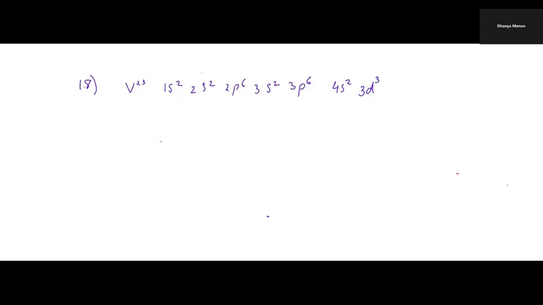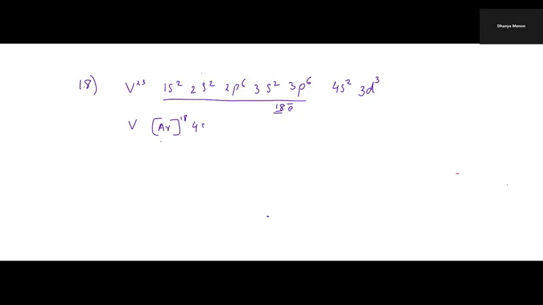Now, students, in most of the books, in all the books, they denote these numbers that constitute 18 electrons, and 18 is the atomic number of argon. So we write the vanadium configuration like this: argon, that means 18 electrons, then the rest of it we write 4s2.